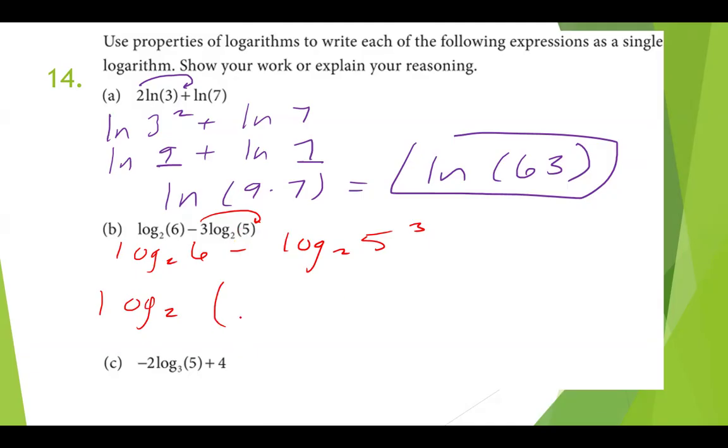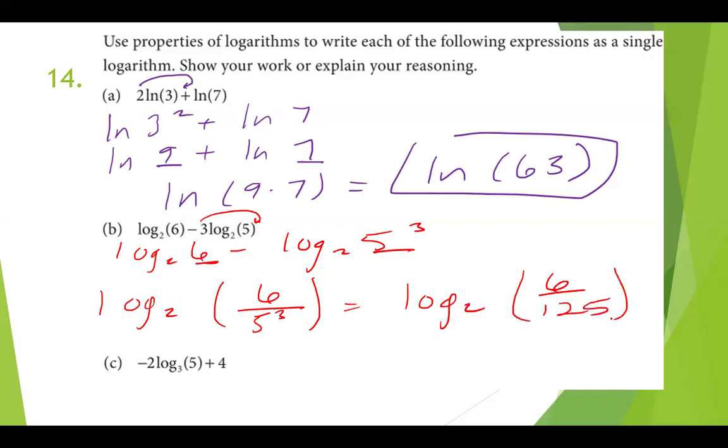In that 1 log, you're dividing. So your first term goes in your numerator. Your second term goes in your denominator. So we now have 6 divided by 5 to the third, which equals log base 2, 6 over 125. If you were completely wrong, do you see your error?